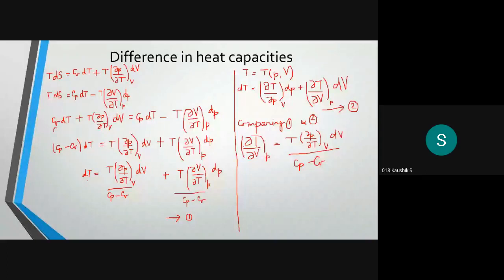So the dV term, yes? Sorry, yeah. You won't have the dV term. You're right. We are just comparing, so you won't have the dV term.